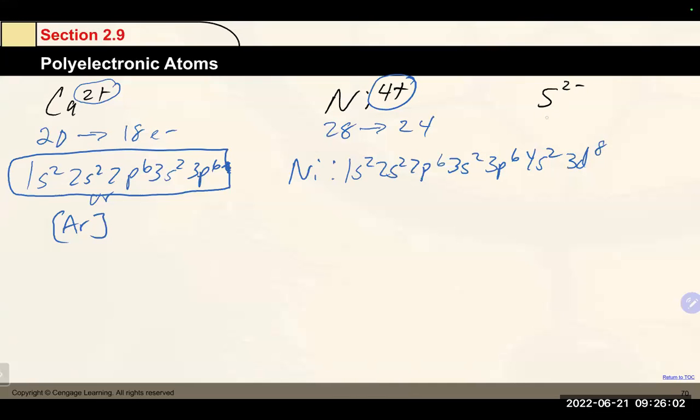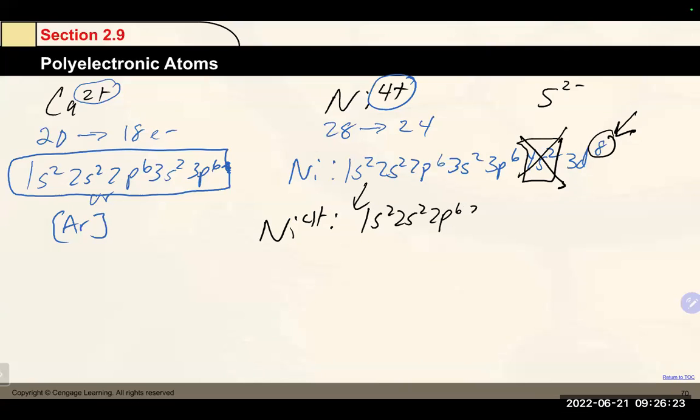It will first lose, again, the s electrons here, since this is a transition metal. That is 2 electrons. It then would need to come into our d orbitals and take out 2 more electrons. That would get us down to a nickel configuration of 1s2, 2s2, 2p6, 3s2, 3p6, 3d6, or argon 3d6.